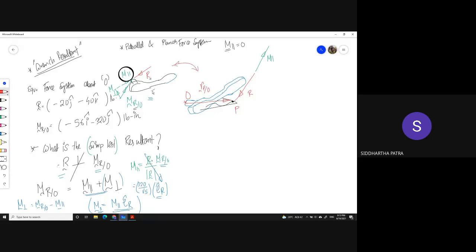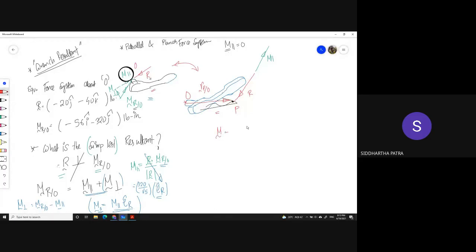This system is equivalent to the force system about O, which is equivalent to the original system.